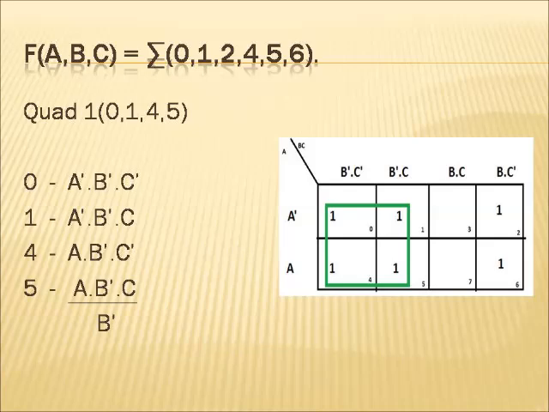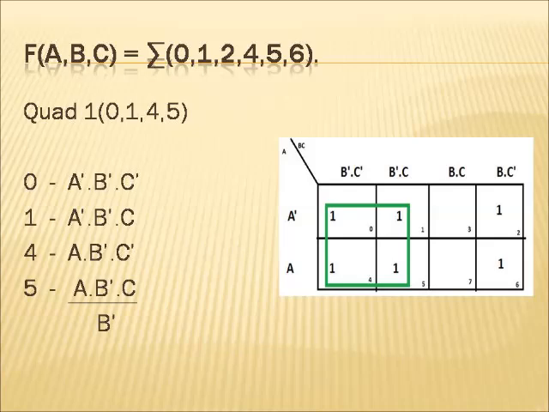So there is a change in the values of a, so we cannot take a. When we consider b bar, for all the given index positions 0, 1, 4, 5, b bar continues as b bar itself. There is no change, so we can pick b bar.